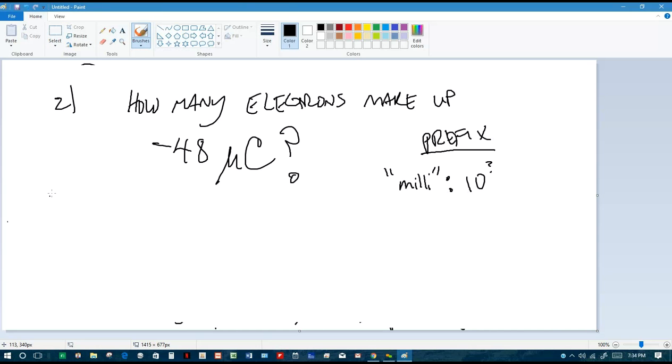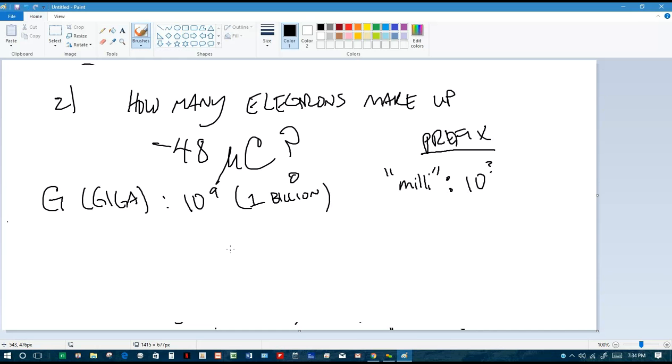So there's G, which stands for giga. Giga comes up in computers a lot, right? Like a gigabyte. Giga is 10 to the 9th, which is 1 billion of something.